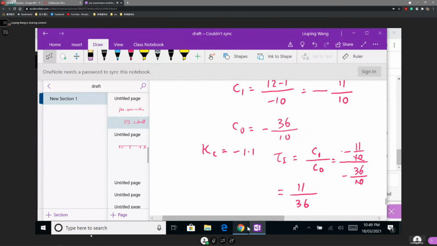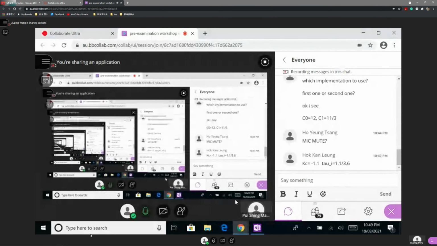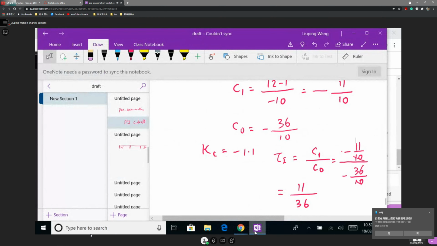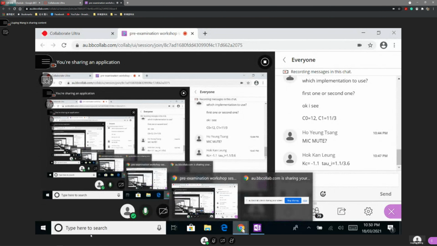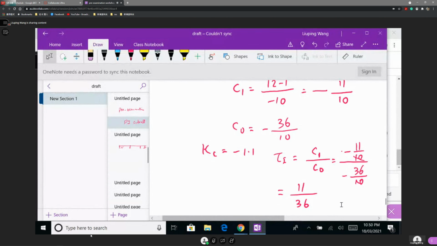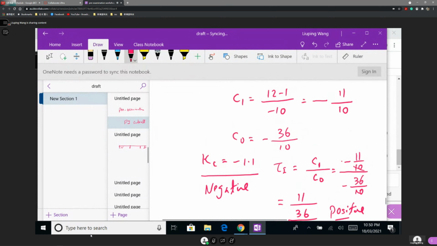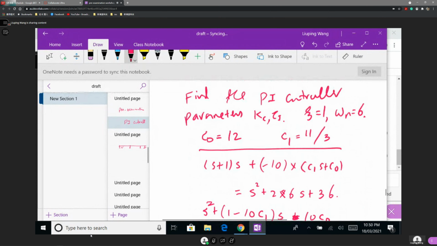Who else got this right? Yes, Hawker got it right. So this is negative, but this is positive, so this is wrong.